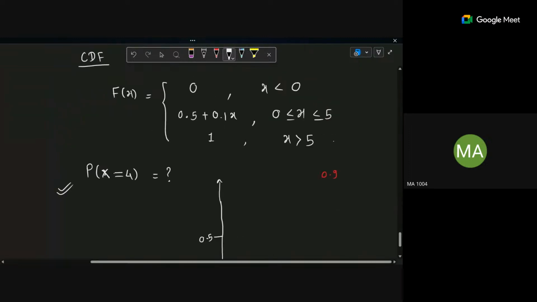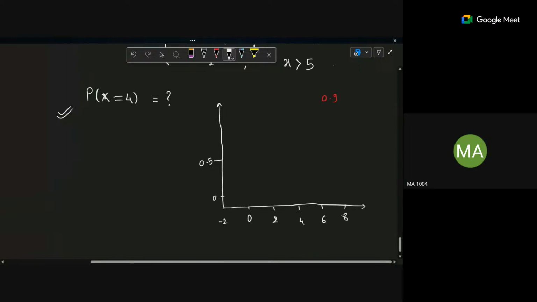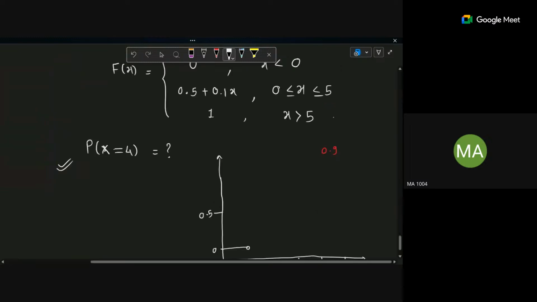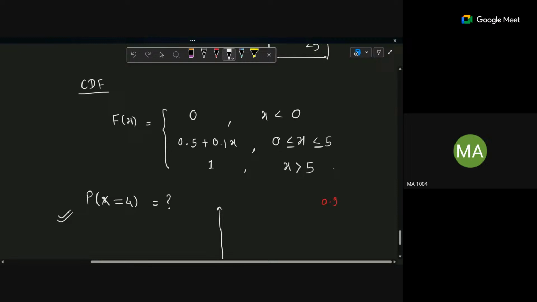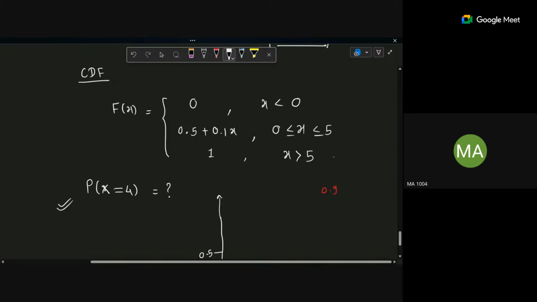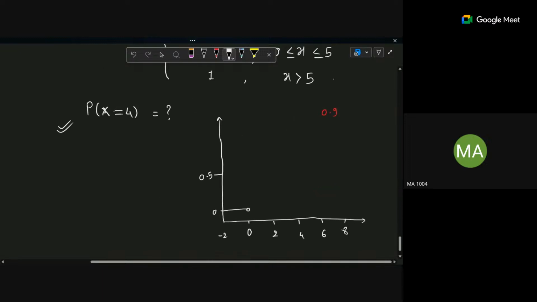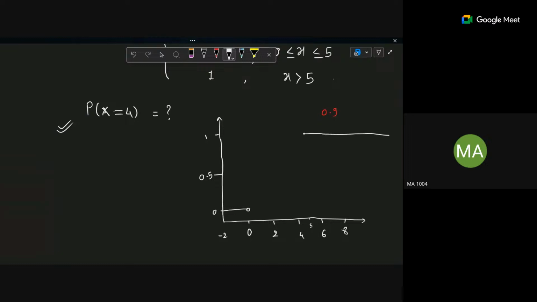From less than 0, it's taking 0, right? But 0 not included. From 0 to 5, your intercept is 0.5, and from 5 onwards, greater than 5, it's taking 1, right?